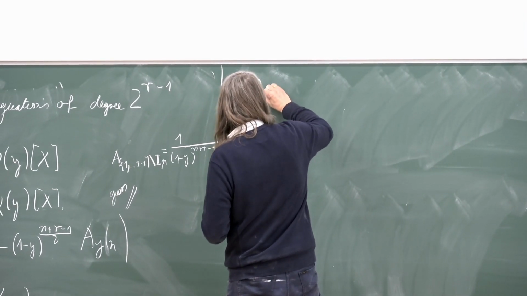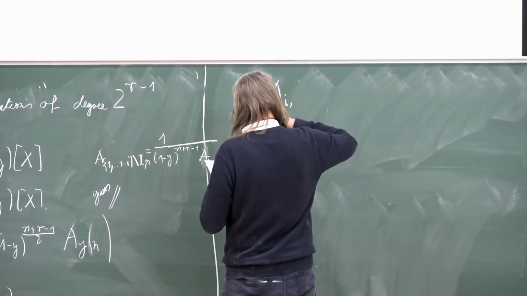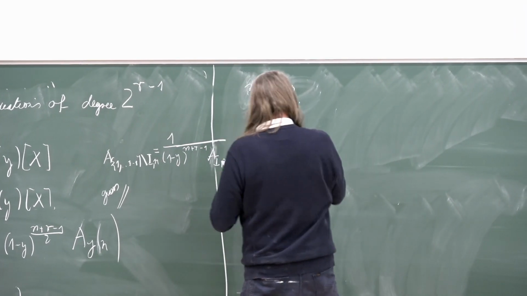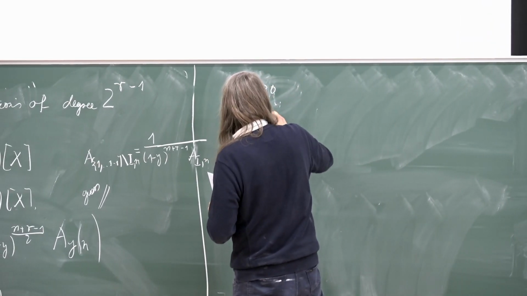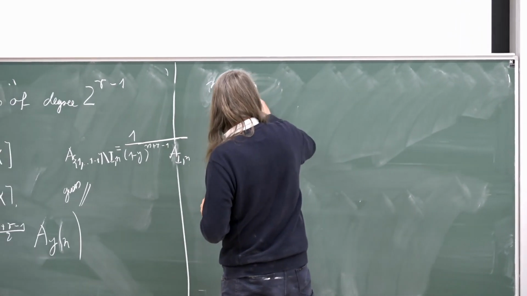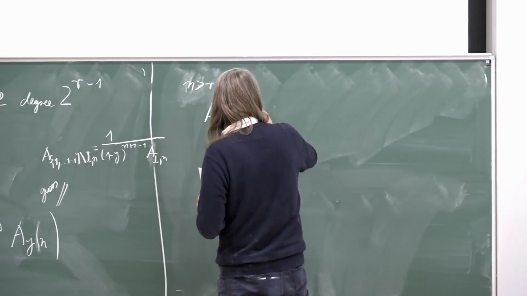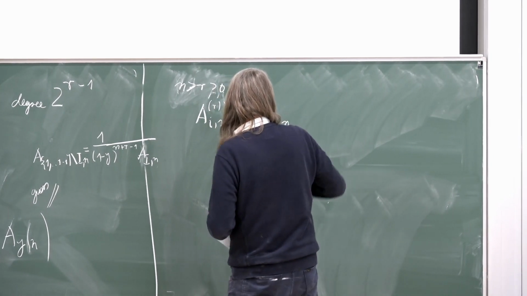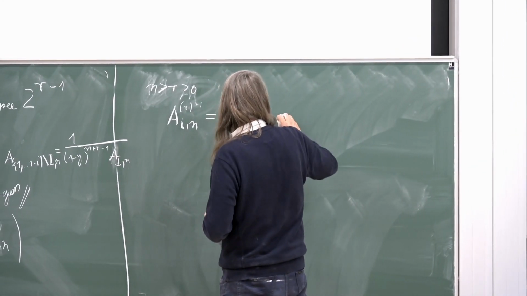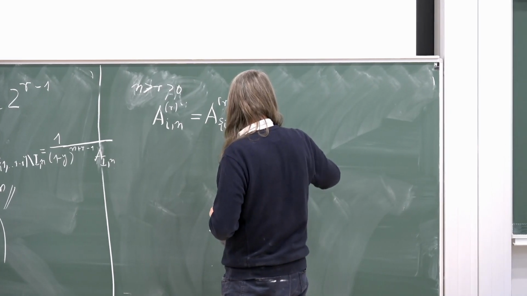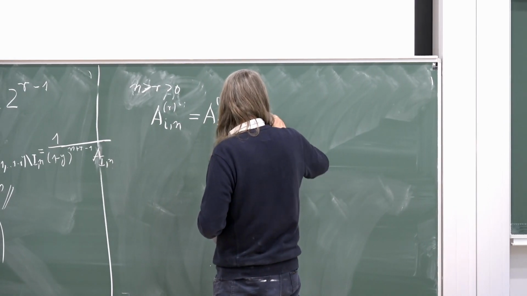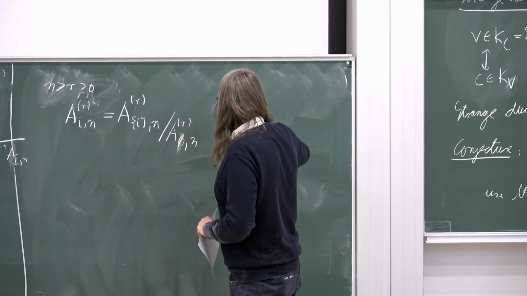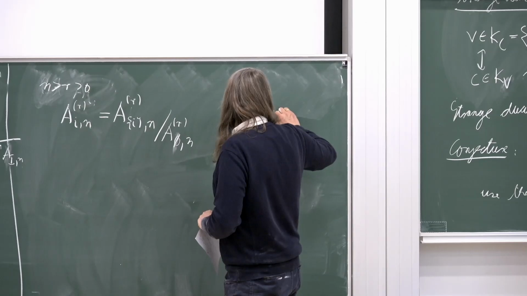So we assume that n is bigger than r is bigger than 0, and we put A_i,n to be just A_i, for i from 1 to n minus 1.